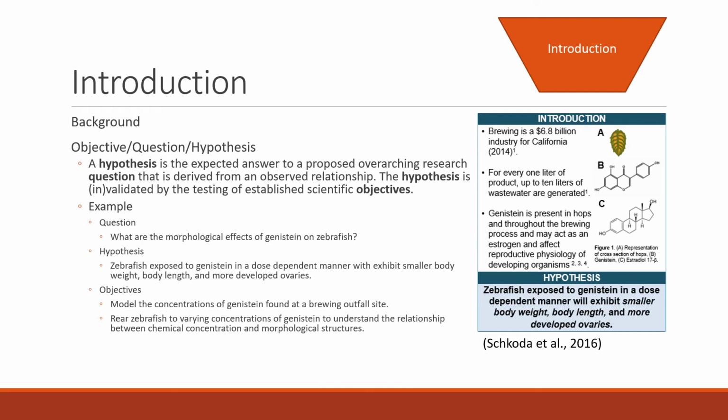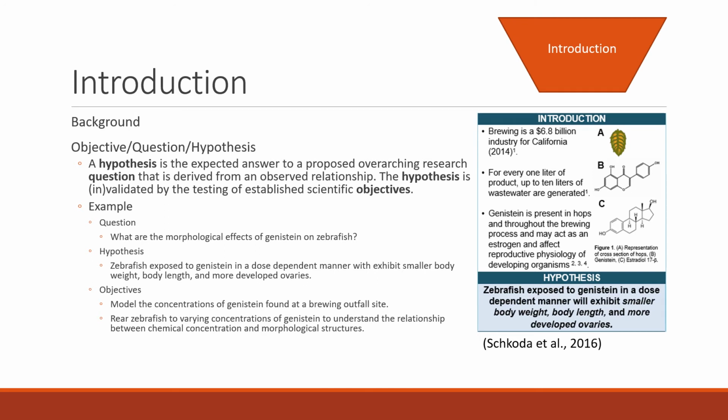The hypothesis differs from the scientific objectives by essentially being broken down into those objectives. The objectives are used to either validate or invalidate the hypothesis. Think of the objectives as a short-term goal to achieve the long-term goal hypothesis of the study.